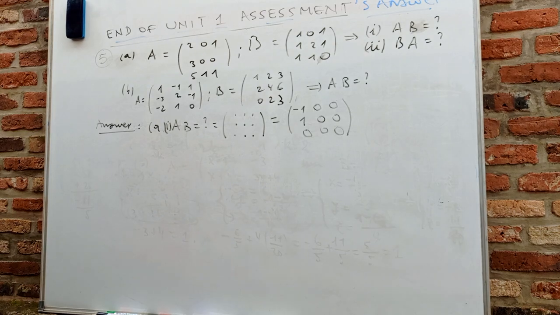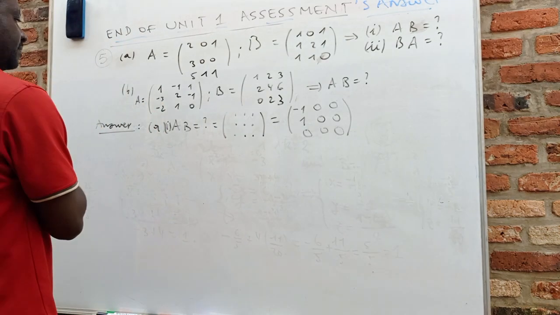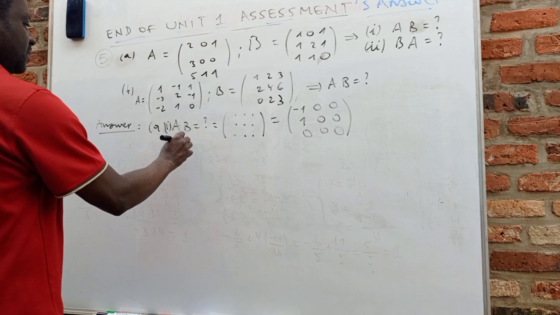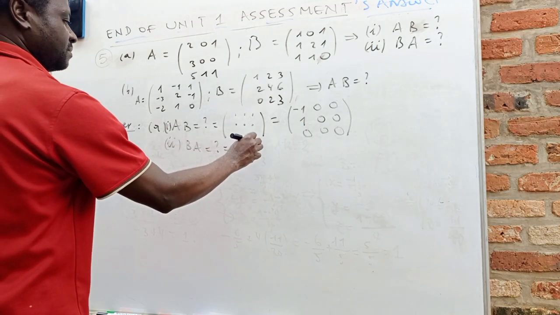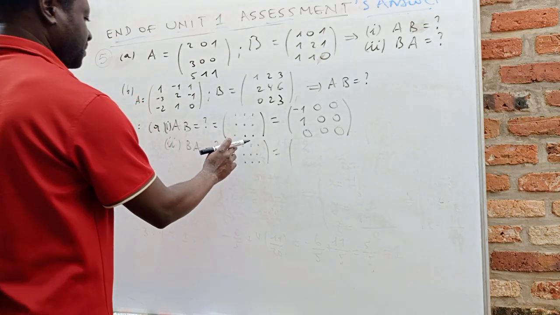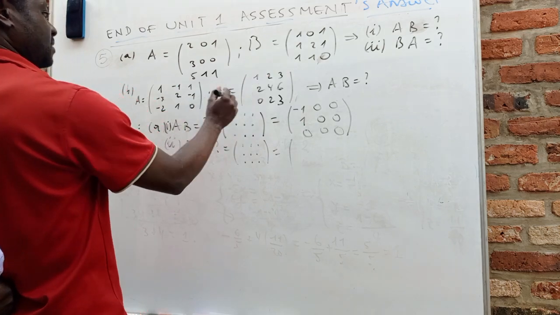Okay, so this is the product. Second one is B times A. So this is also a 3 by 3 matrix. So first element, we take this one, multiply by this.